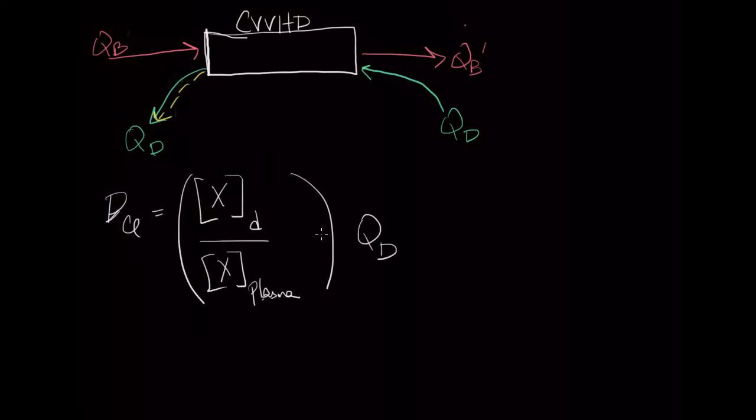Now let's clean this up a little bit and add a few more parameters to get an answer that's a little bit more accurate. So we'll draw our CVVHD machine again. This is your filter, well, what I'm drawing here right now. Here's your blood flow that's coming in and going out.